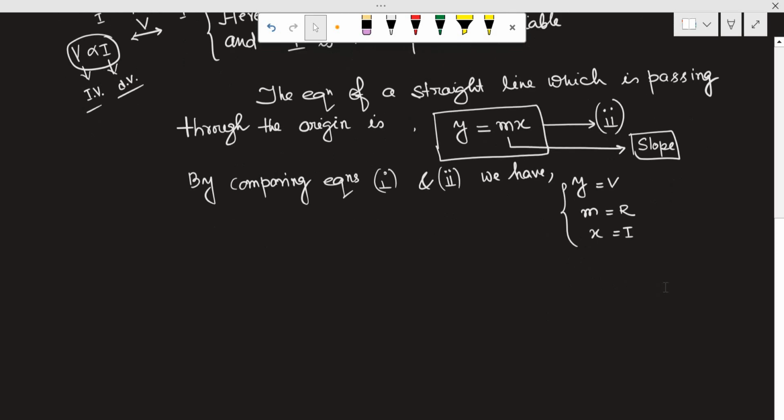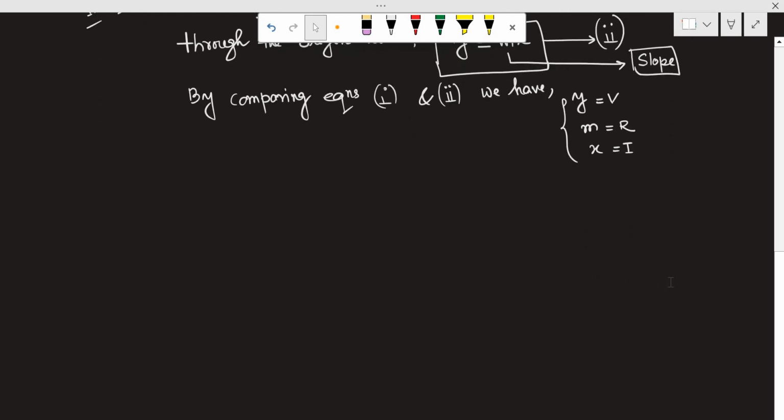Now let us draw a graph. This graph is also called the voltage current graph or VI graph. So this is x-axis, this is y-axis.